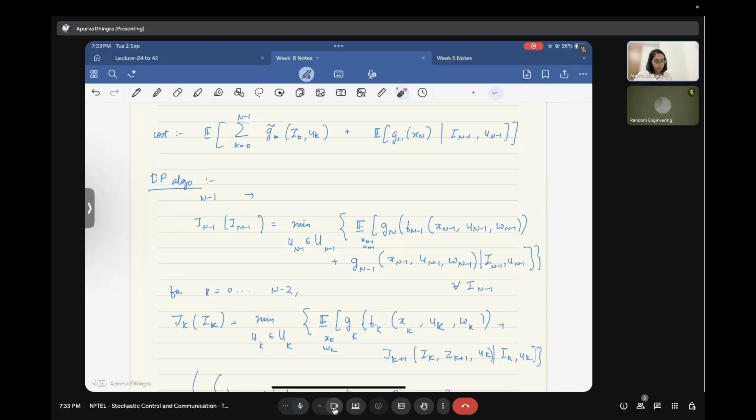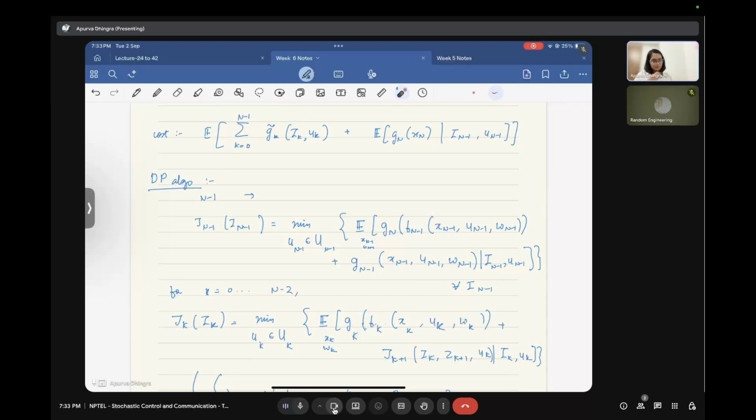Then for the kth state we calculate the stage wise cost, and it's supposed to take an expectation over the condition that we know I n minus 1 and the action so far, and this quantity is to be minimized over different actions.